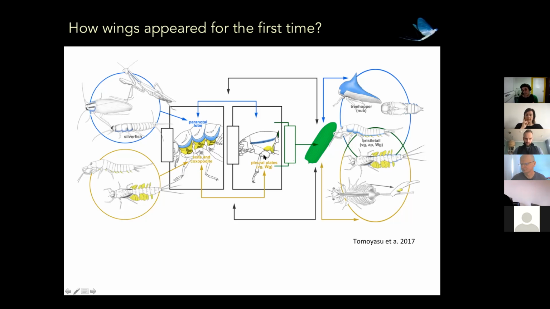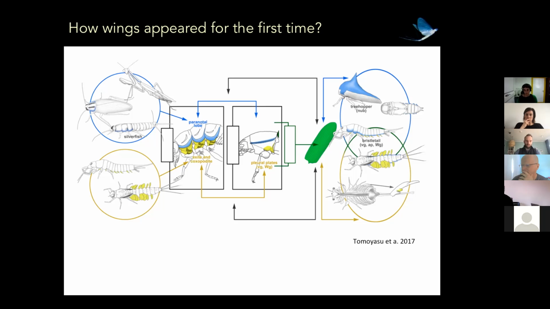One of the hypotheses is that one of these pleural plates or structures could be the gill plates of mayflies.